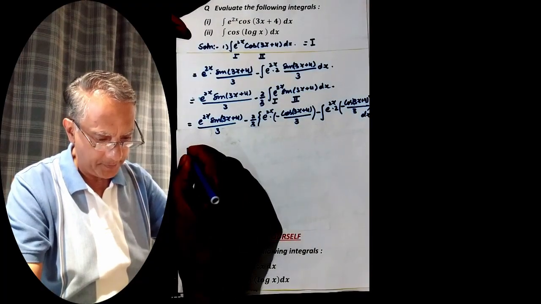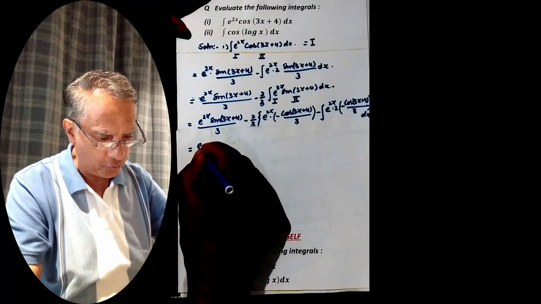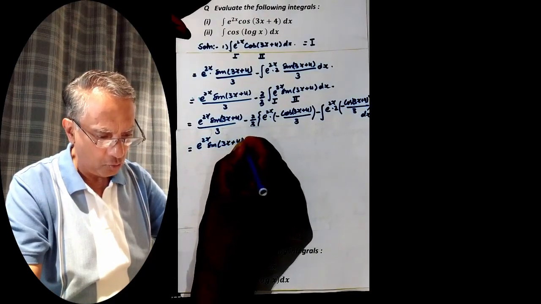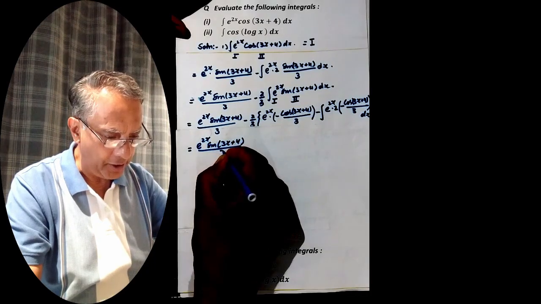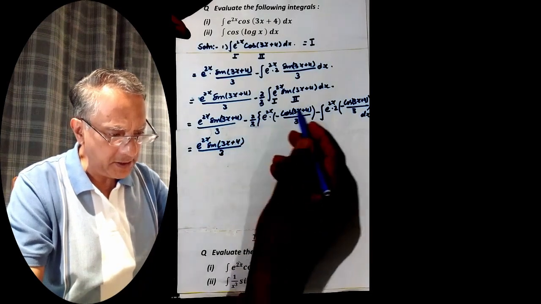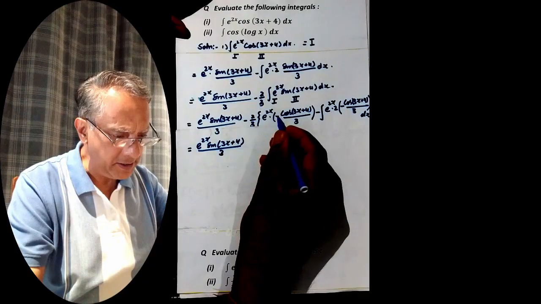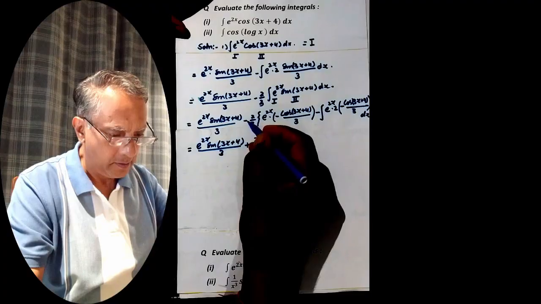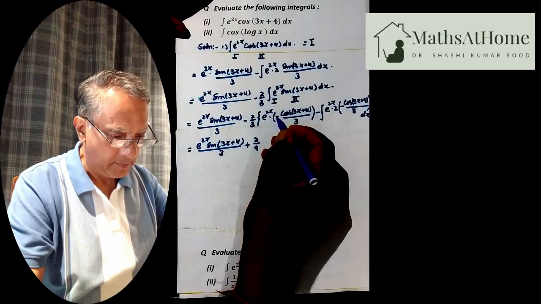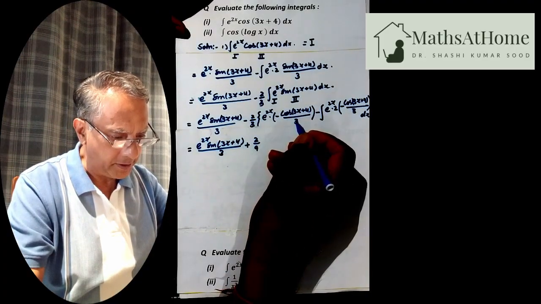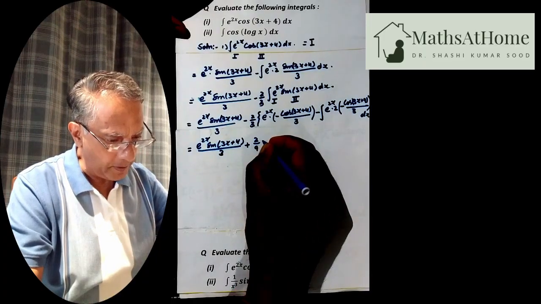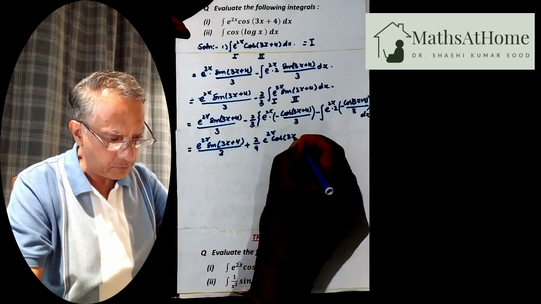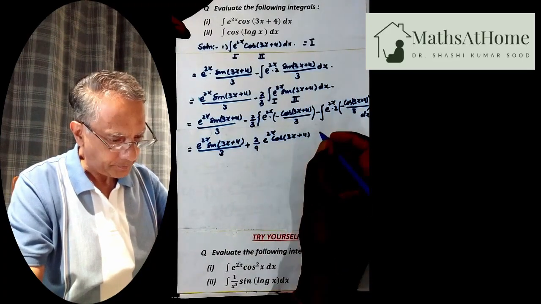And this is equal to e to the power of 2x sin(3x + 4) divided by 3 minus. Now open this bracket. This will be minus minus plus. So plus 2 by 9, this is 2 by 3 into 1 by 3, that is 2 by 9 e to the power of 2x cos(3x + 4).